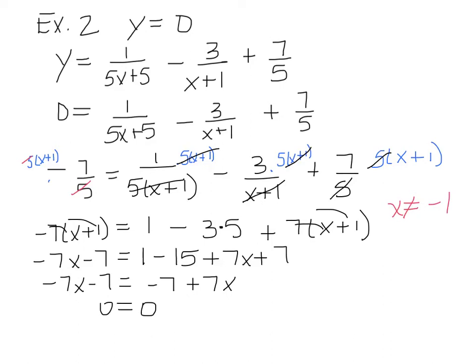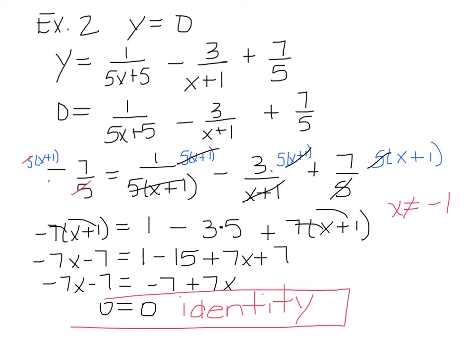Anytime this happens, this is called an identity. That means that any number can work, or we could use any number to plug in for x.